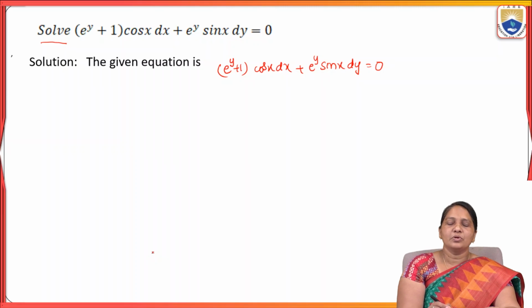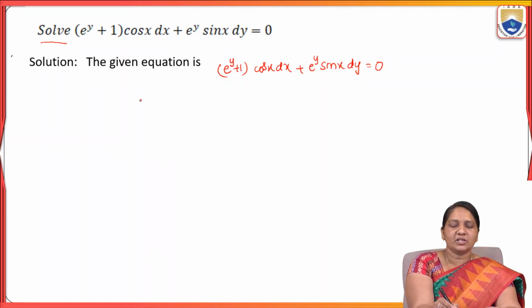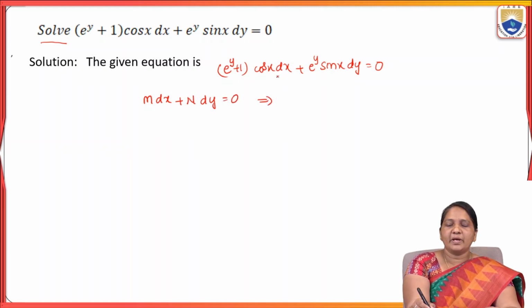We are going to compare with the exact differential equation. The form of the exact differential equation is M dx + N dy = 0. This is equation 1, and it is compared with the second equation.